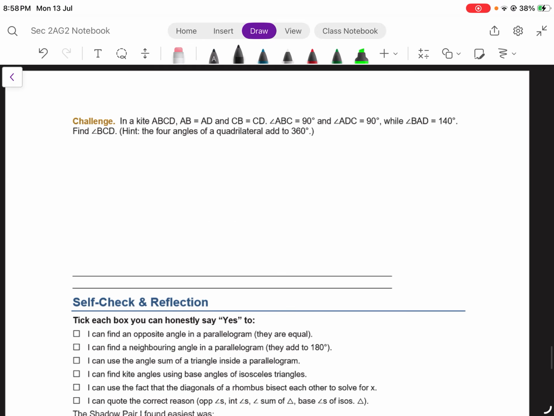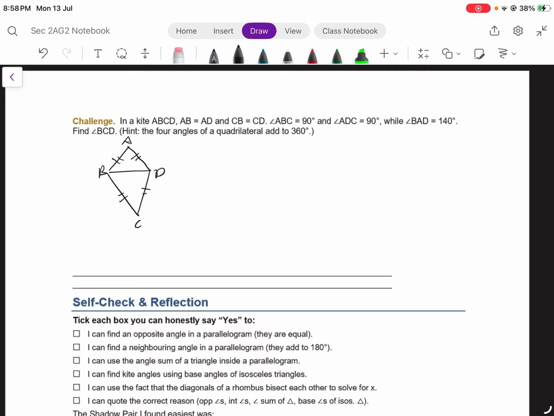So we only have the challenge left. In the kite ABCD, AB equals AD, and CB and CD are the same.